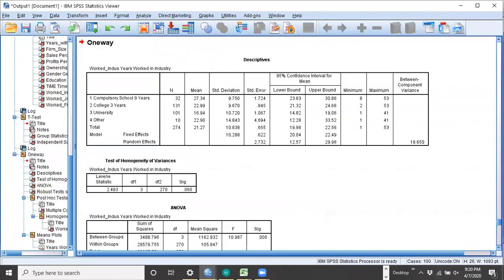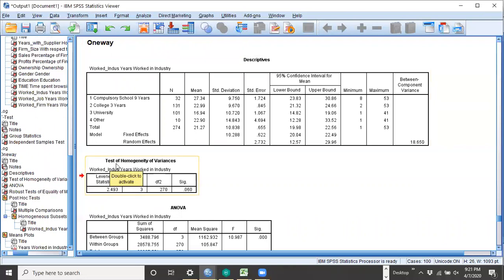So you have here compulsory school, college, university, and others. So we have 4 potential groups. You see that the groups are unequal, which is not ideal, but it is what it is. Worked in the industry is our dependent variable. First thing, just like in the t-test, we want to test for homogeneity of variance. Here you can see the mean for each level of education in worked in the industry.